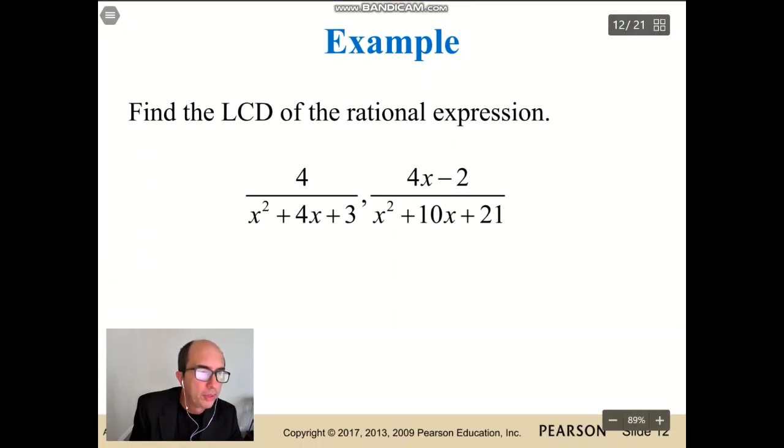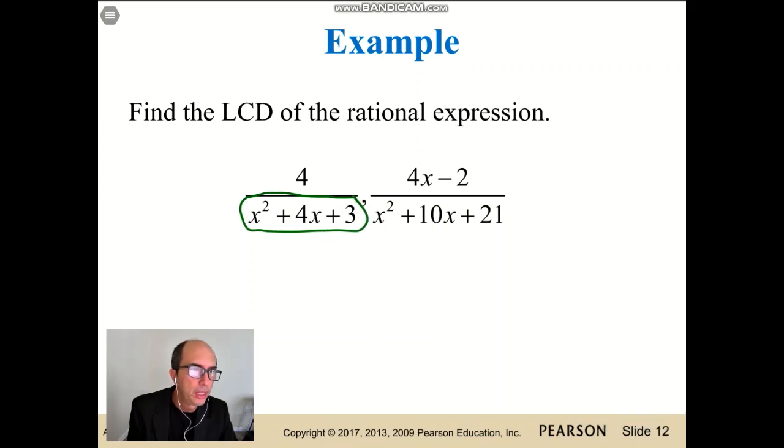Another example, and I'm not even looking at the numerators because we are interested in denominators, right? So one of the denominators is this, x squared plus 4x plus 3, and another one is that one here, x squared plus 10x plus 21.